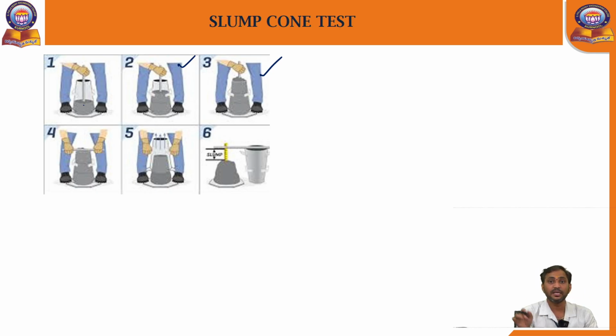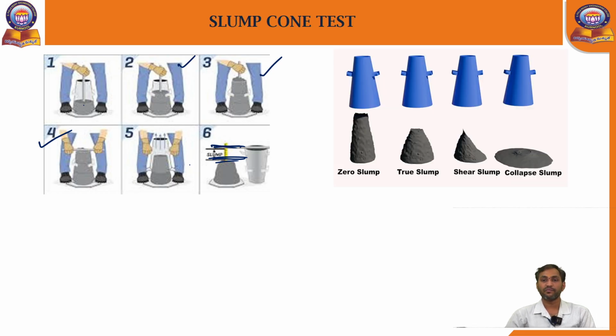After filling the concrete to the top surface of the slump cone, level the top surface, and finally, as the fifth step, slowly lift the handle and check the slumped level. Check the difference between the height of the cone and the slumped concrete.